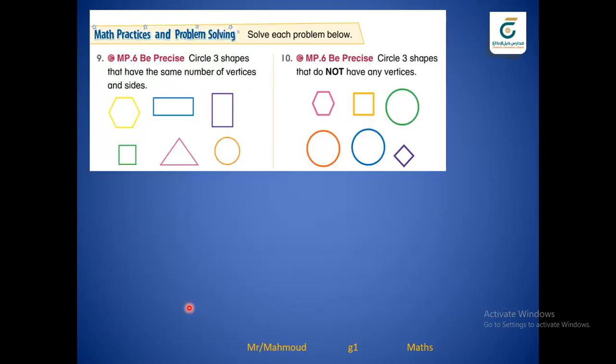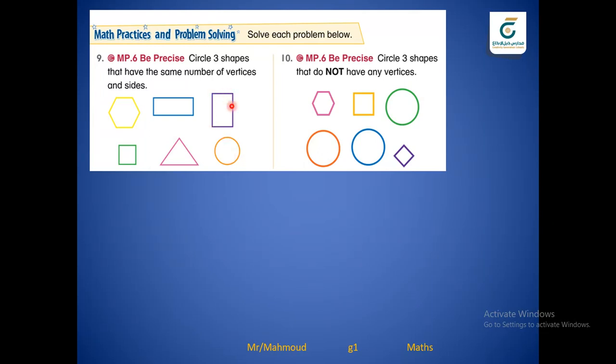Another question. I want to circle 3 shapes that have the same number of vertices and sides. Think which shapes here have the same number of vertices and sides.